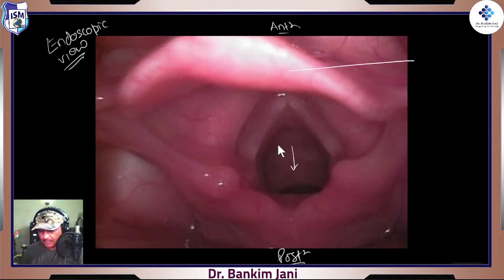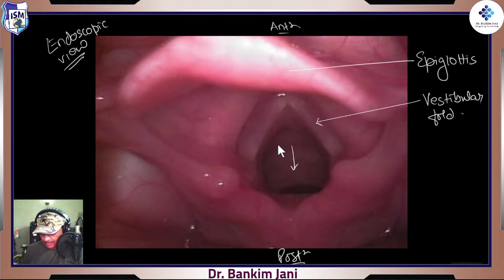This is epiglottis, right? This is epiglottis. Then that one is the vestibular fold, right? Then the inside one, this one, that would be the vocal fold.